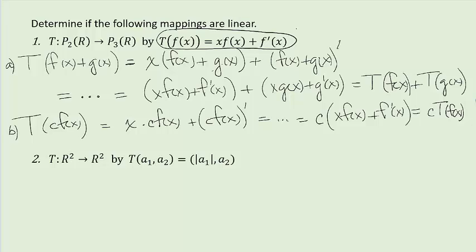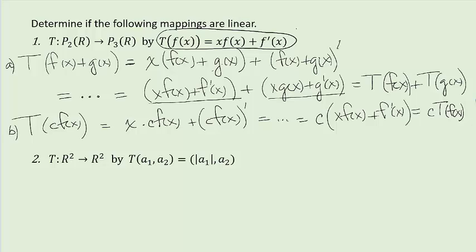And just expand that out and use the fact that the derivative of the sum is the sum of the derivatives, and you expand it out maybe one or two steps, you get to this, and that is T of f of x plus T of g of x.